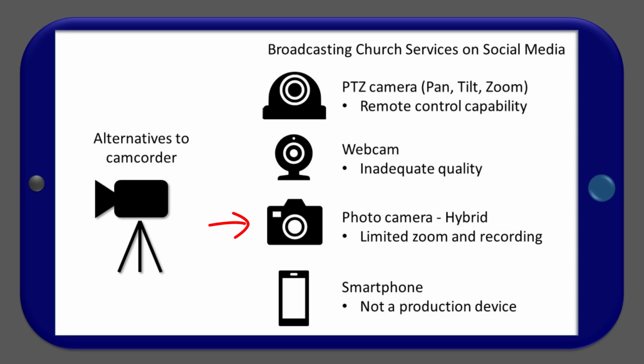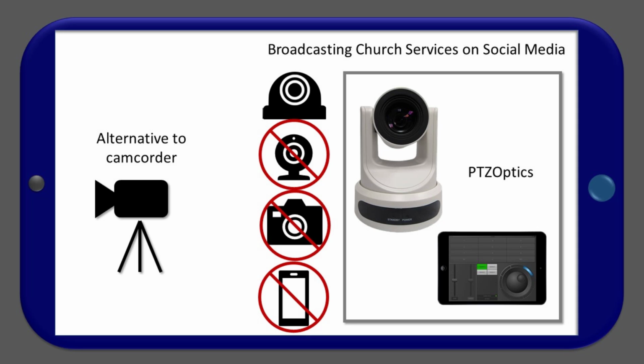Also, for some, you will face overheating issues for long period of operation. And the smartphones, but they are not video production devices. The only substitute for a camcorder will be a PTZ camera with its remote control. The price is higher than the camcorders presented as example.